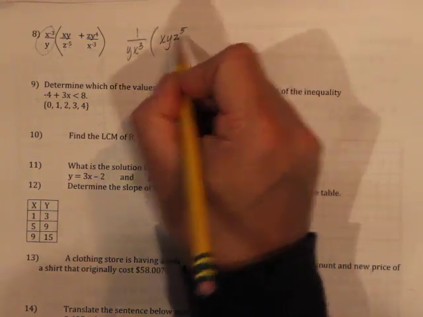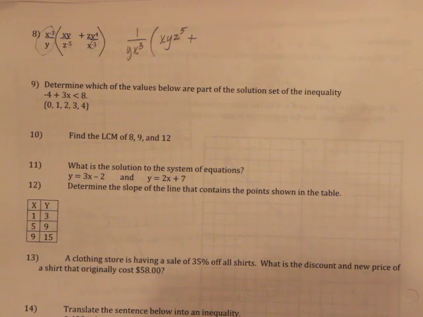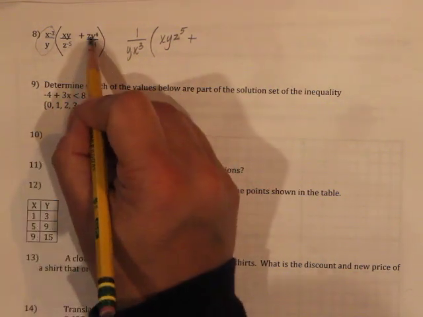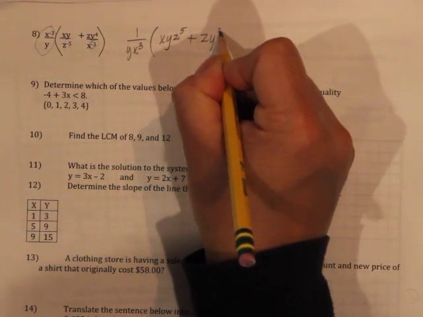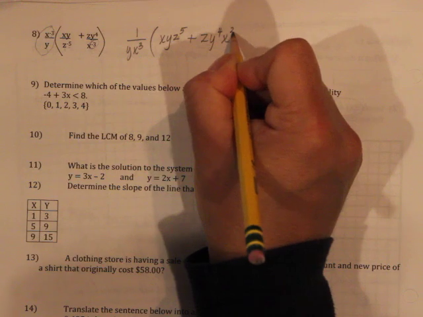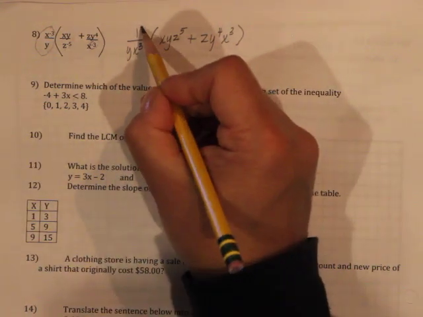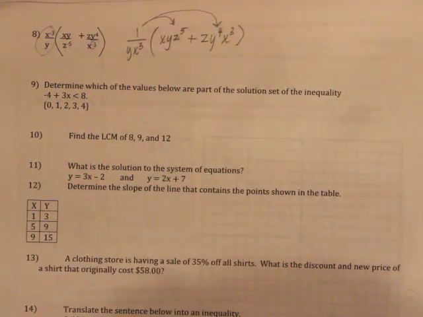I haven't done any distribution yet. I'm just getting rid of negative exponents because I don't really like them. Okay, -3 down here, so that's going to flip. I don't have any negative exponents up here, so everything that's up there stays up there. Z, y to the fourth, x cubed. Okay, now I can go ahead and do my distribution. So I'm going to multiply this here, and then I'm going to multiply it here.